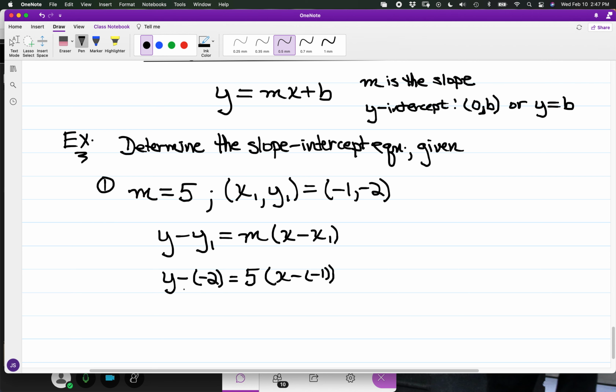Undoing the notation regarding the subtraction of a negative, we have y plus 2 is equal to 5 times the quantity of x plus 1. So in this setup, that is the point slope equation.